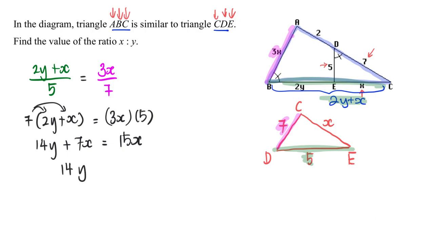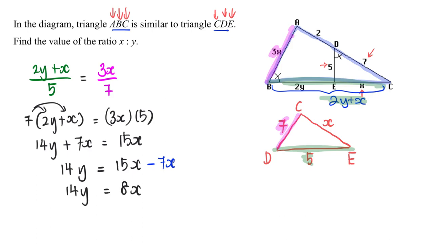And eventually, I would slowly but surely get one side will be 14y and the other side I will have to minus 7x, so that I will get this eventually.